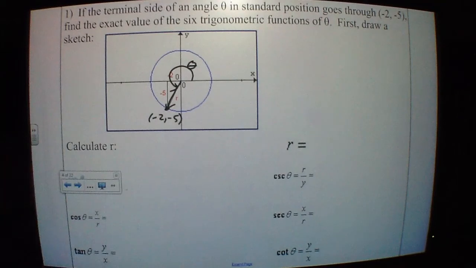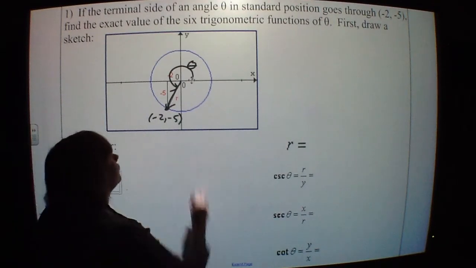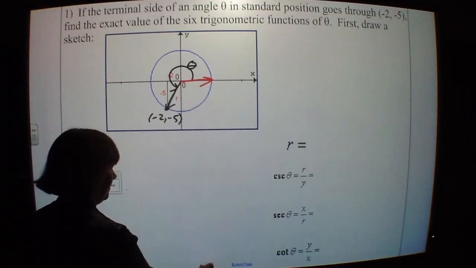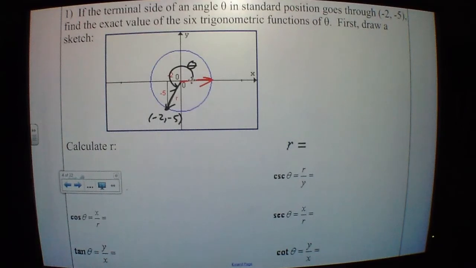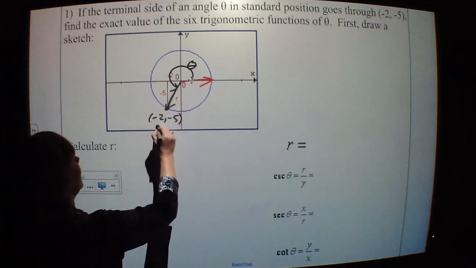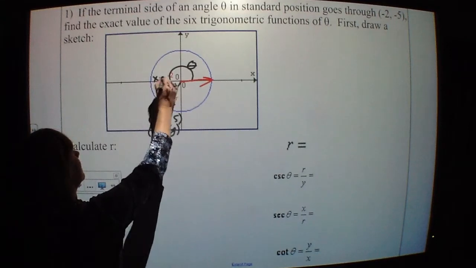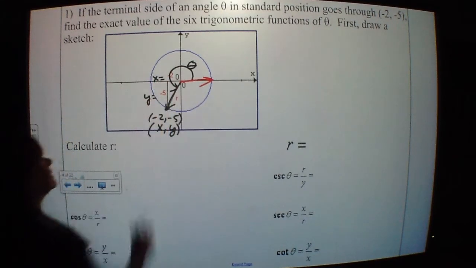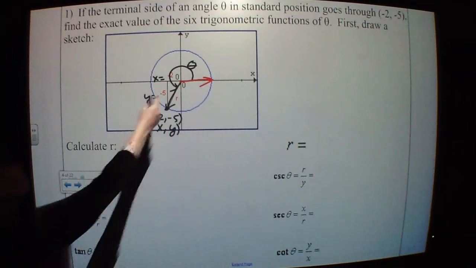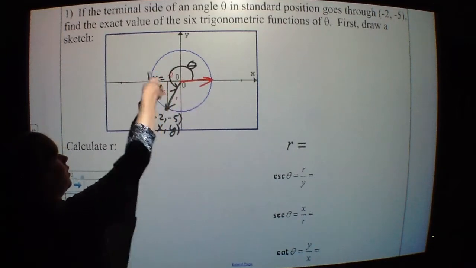So there's my terminal ray, and this red one is my initial ray. That terminal ray goes through the point (-2, -5). So what that means is my x is -2 and my y is -5.